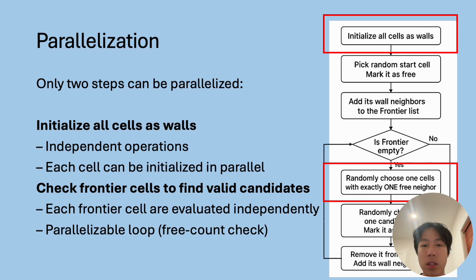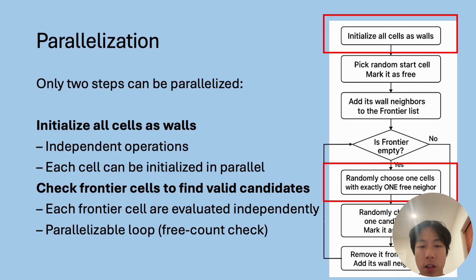To parallelize this section, we notice that only 2 steps can be parallelized. One is when creating a maze full of walls, and the other is when looking for potential wall cells. Creating a maze full of walls consists of fully independent operations, therefore each cell can be initialized in parallel.